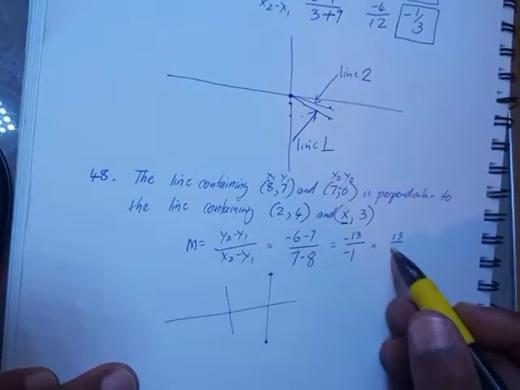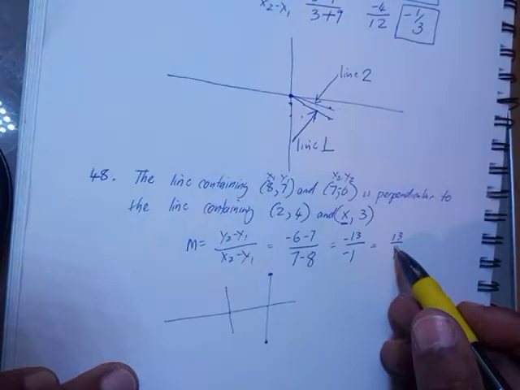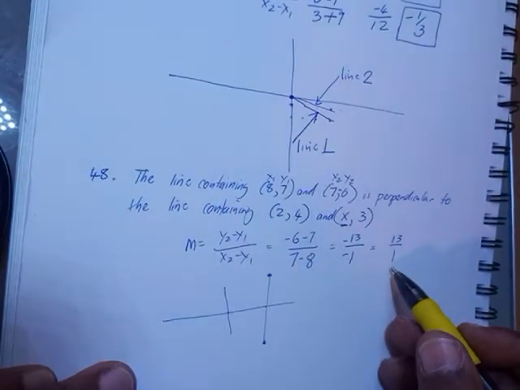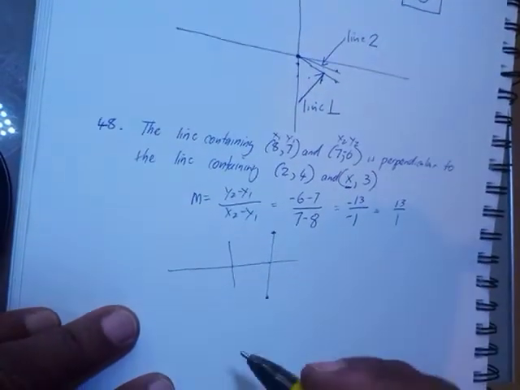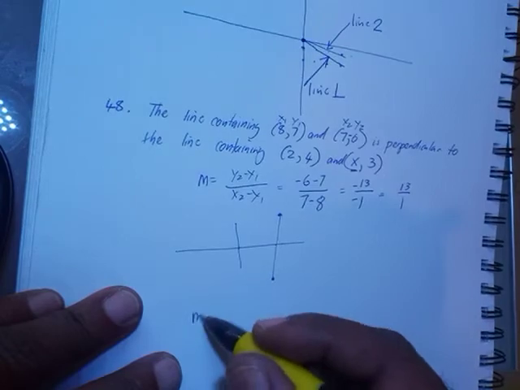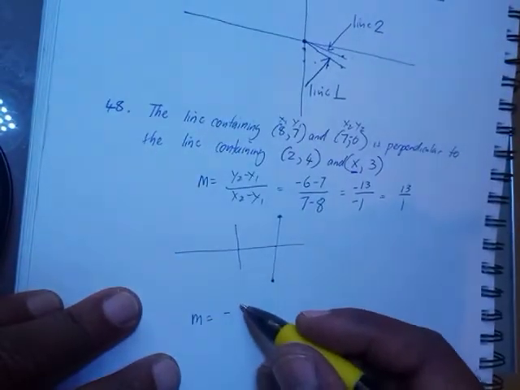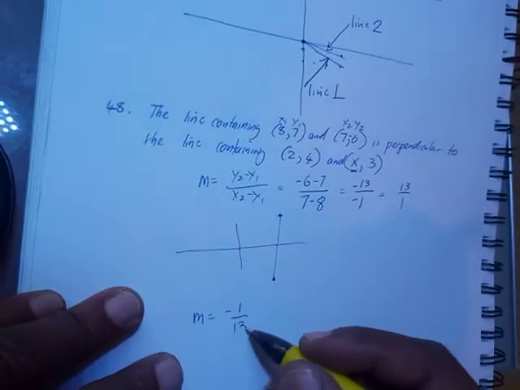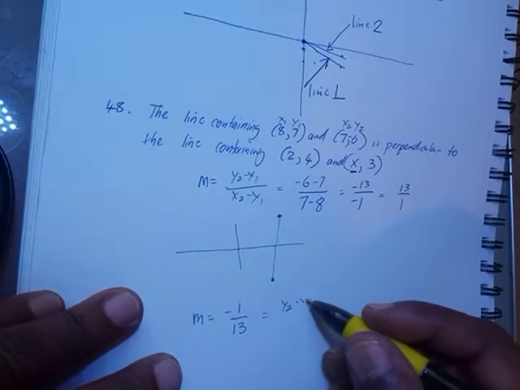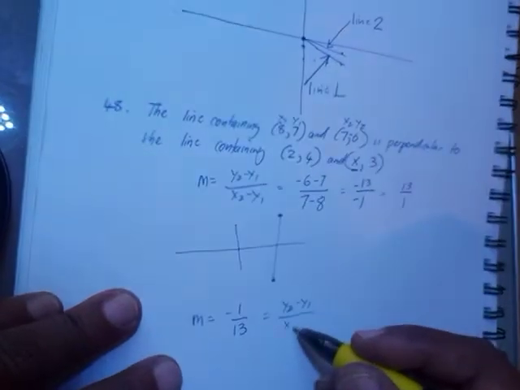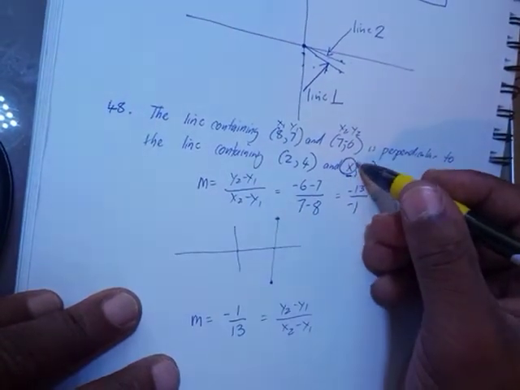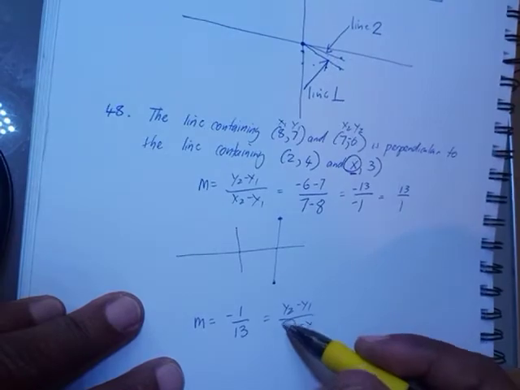If the slope of this line is 13 over 1, the slope of the perpendicular has to be the negative reciprocal. It's negative 1 over 13. So I know the slope of the second line has to be negative 1 over 13. That has to be equal to y2 minus y1 divided by x2 minus x1. x is my x2.